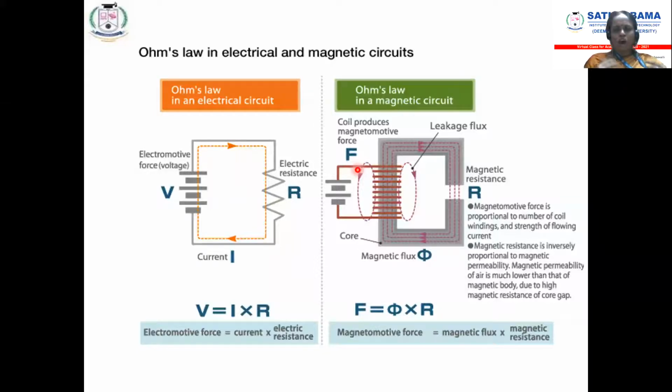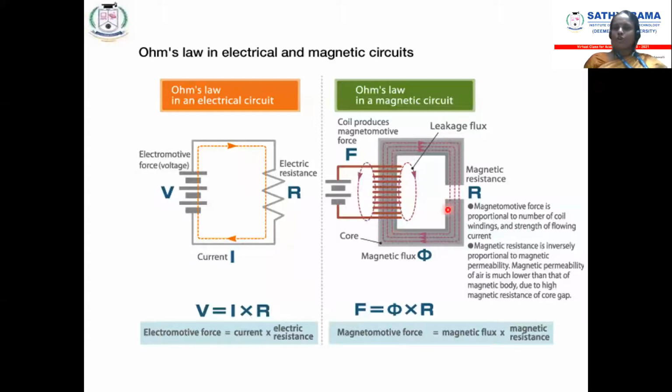Once the current flows, the magnetic material gets the property that flux is produced around it. You all know it's an electromagnet, so it will produce flux around the core.